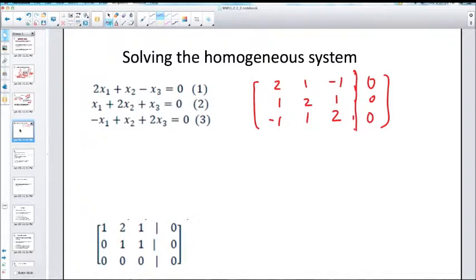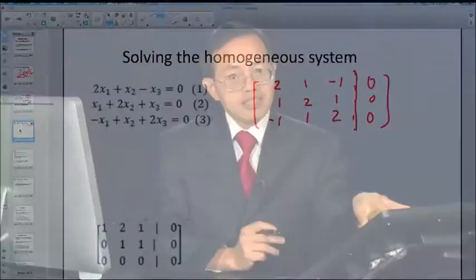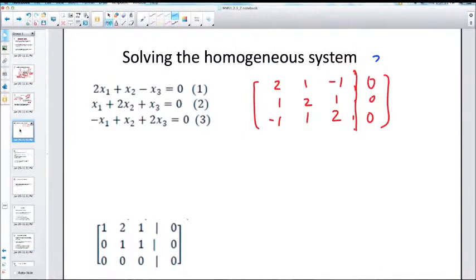Compare with the example 2 we discussed. You realize this is precisely the same left side. The only difference is on the right hand side, we changed the constant 3 to 0. It used to be 3 here, but now it's 0.